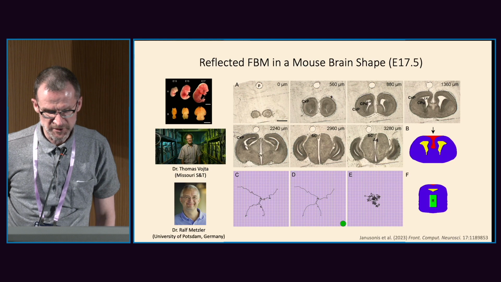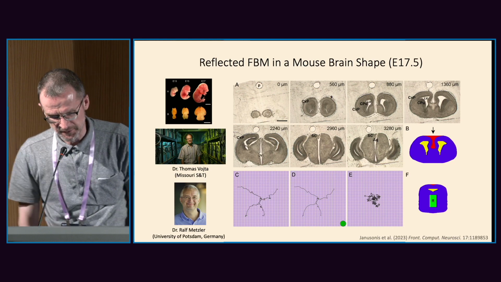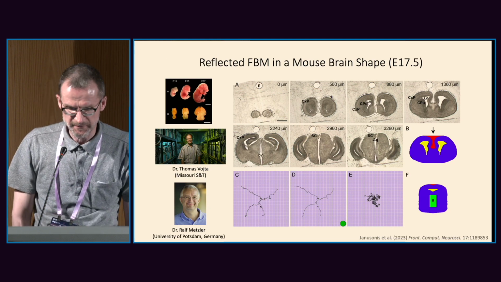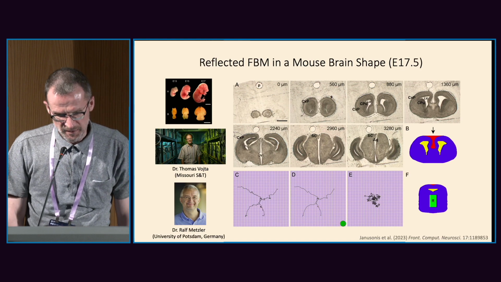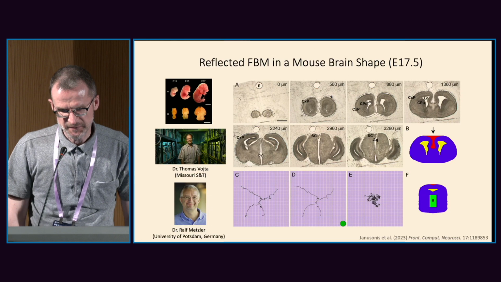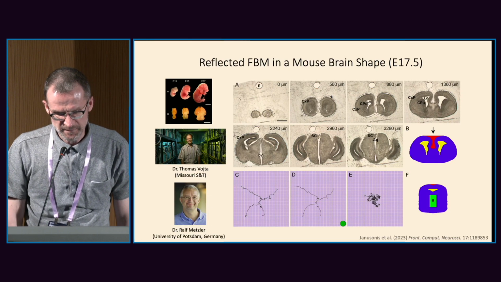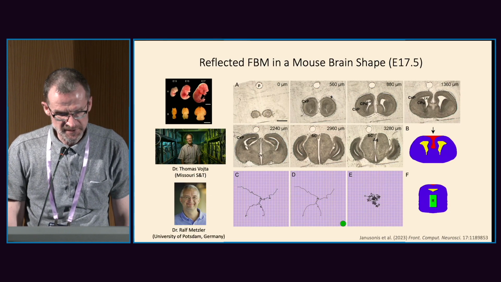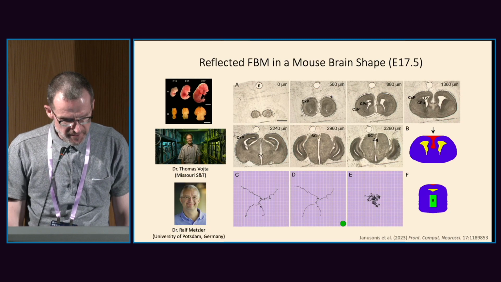And now we just published a paper literally a couple of months ago in a three-dimensional mouse brain model using supercomputing, because these are highly expensive computationally trajectories, and we had many of them.